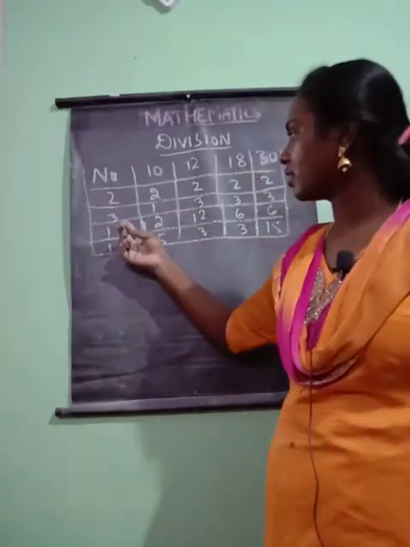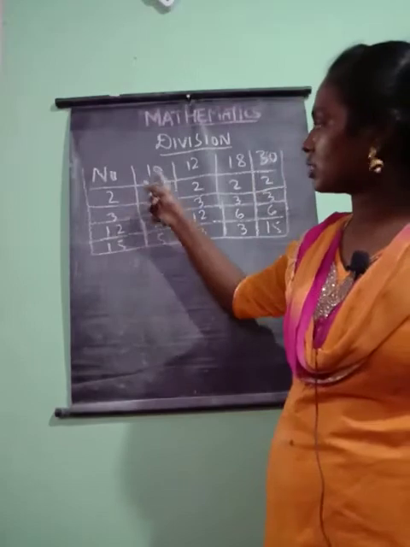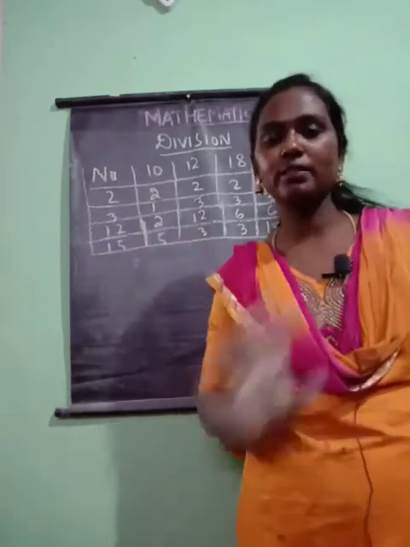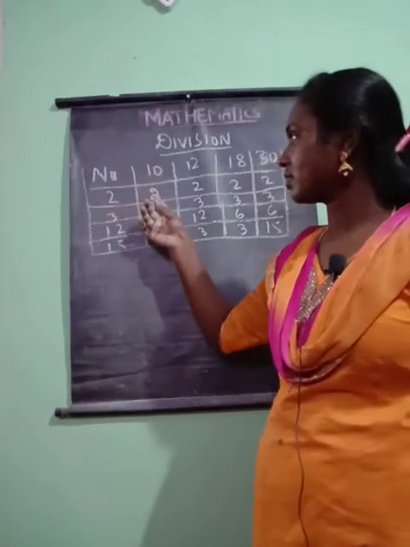For 3 and 10, 3 only and 1. In the 3 table, 10 will not come, but in the 2 table, 2 5s are 10 will come.